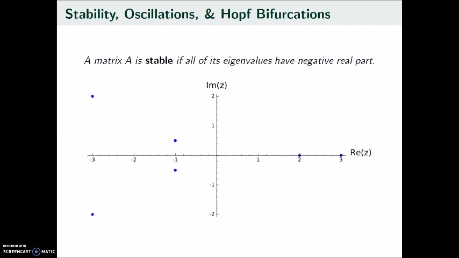And what really matters is not so much where the eigenvalue is up or down, it matters where it is relative to that imaginary axis in the middle. So you can see if a matrix had these 6 eigenvalues, then it would not be a stable matrix, because although it has most of its eigenvalues with negative real part, most of its eigenvalues are left of the imaginary axis, it has these 2 positive eigenvalues at 2 and 3. So for that reason, it's going to blow up in some direction.